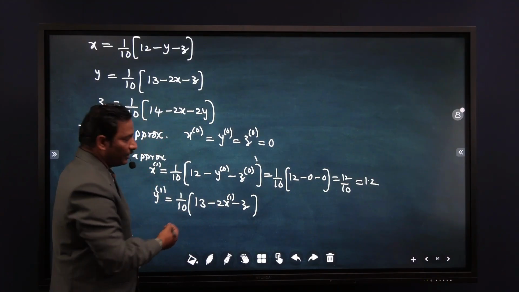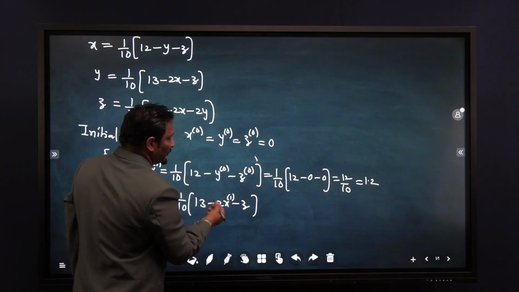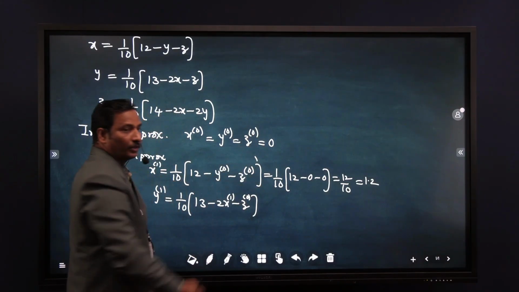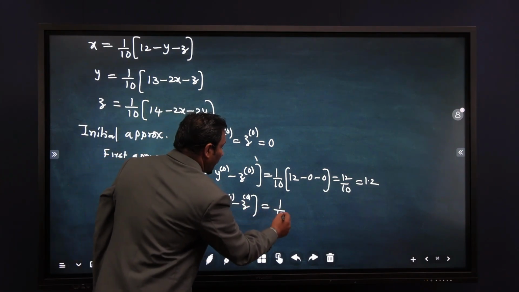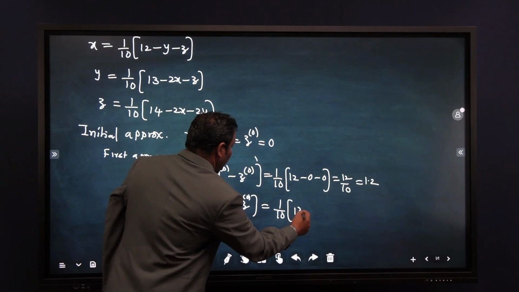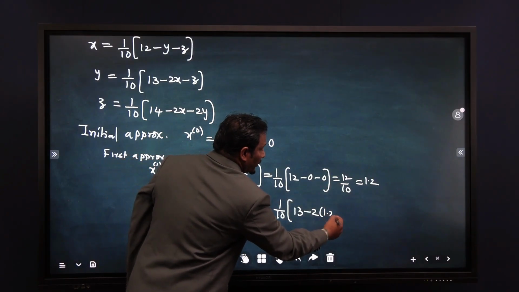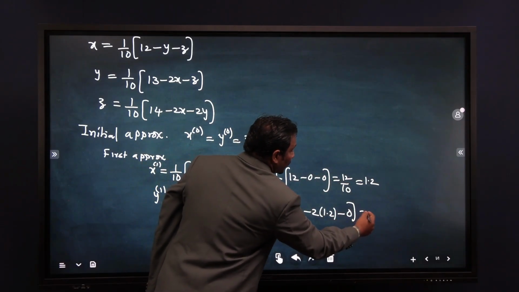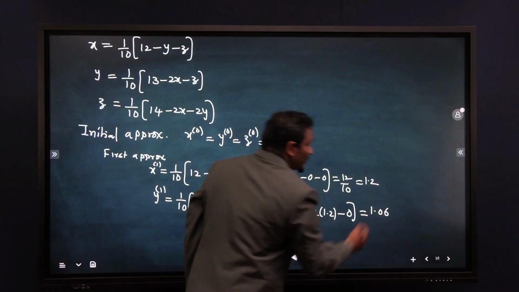We substitute that refined value, and since we don't know the first approximation of z, we use the previous value, the initial z value. So y equals 1 by 10 times (13 minus 2 times 1.2 minus 0). Finally we get 1.06.